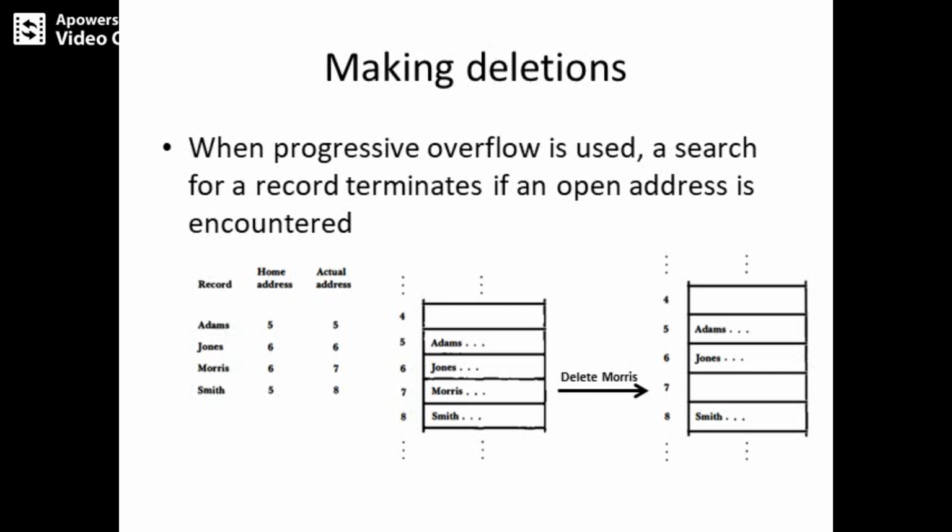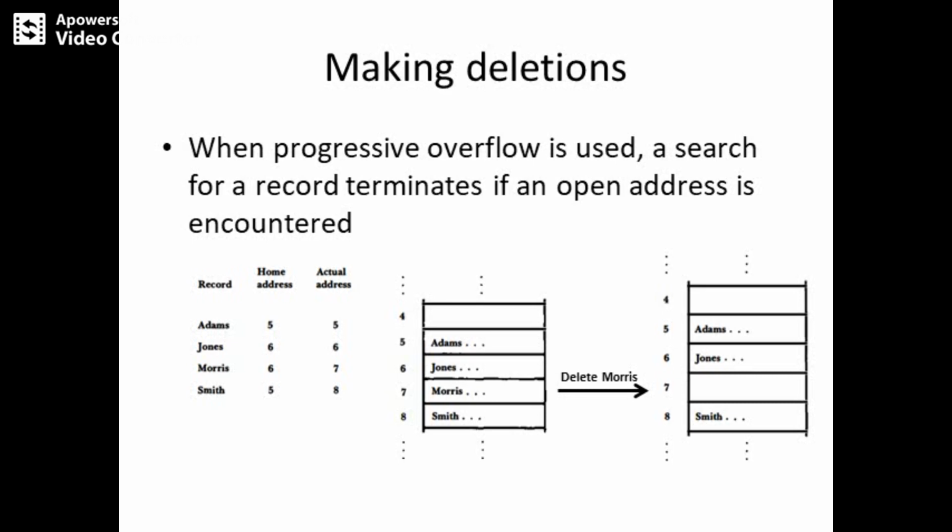Say I want to search for Jones. It will go to the first address 5, Adams was there, the key doesn't match. Now it will go to 6, Jones we got, key matched, and it will come out of the program and display that the key is found.